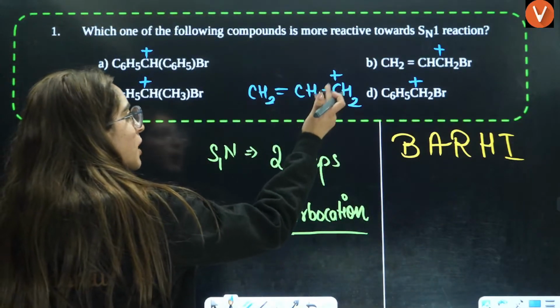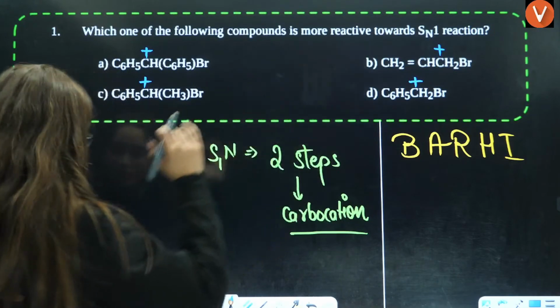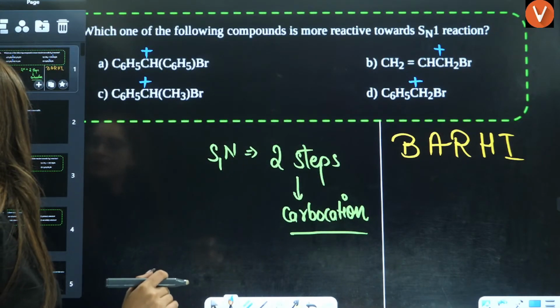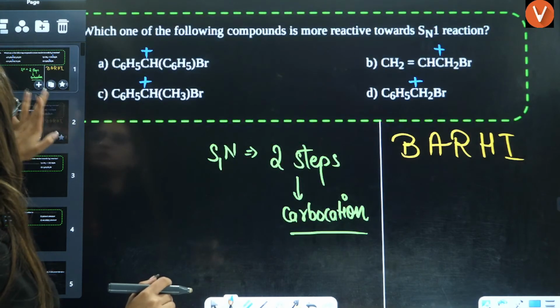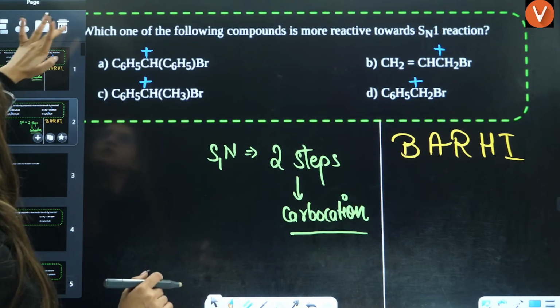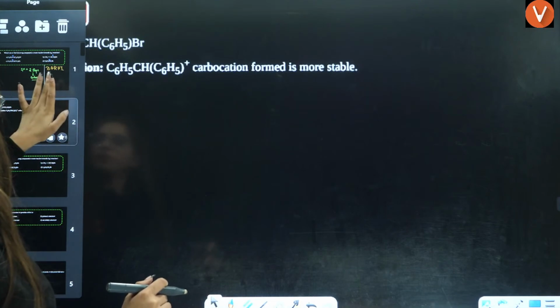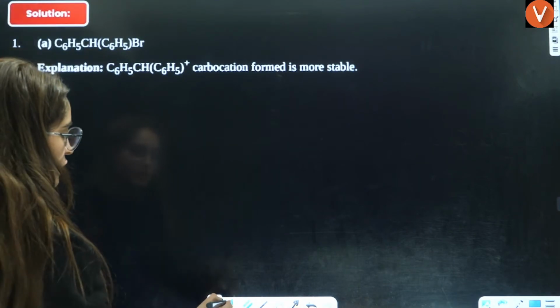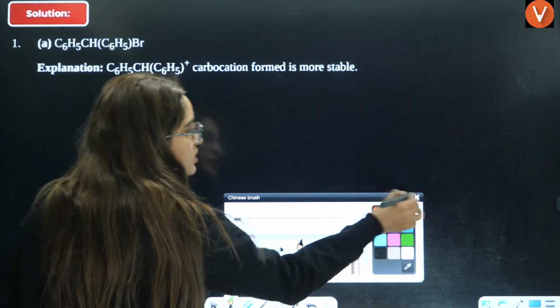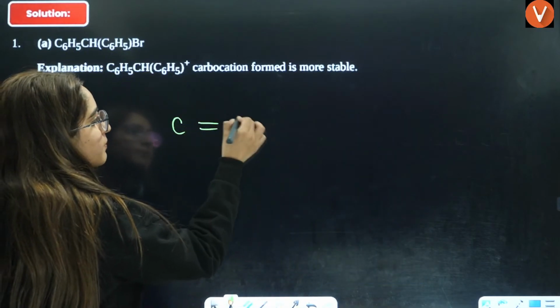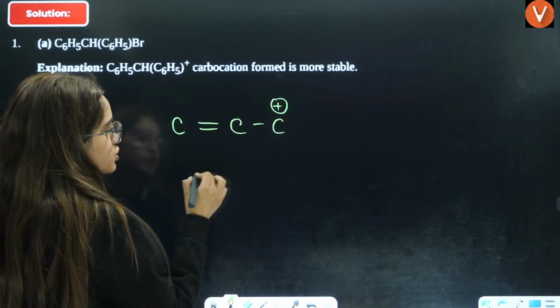This double bond will jump here, the electrons will jump here. I will write it on this page only. If you have C double bond C, this is single, what will happen?